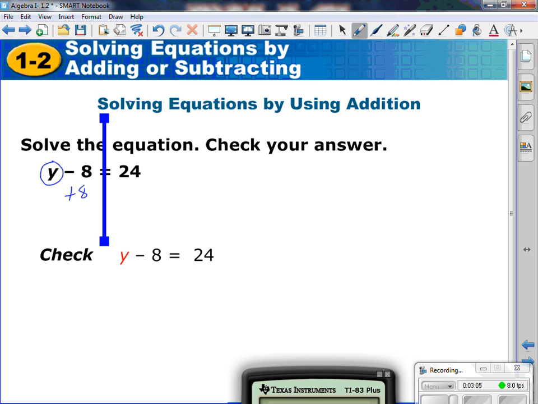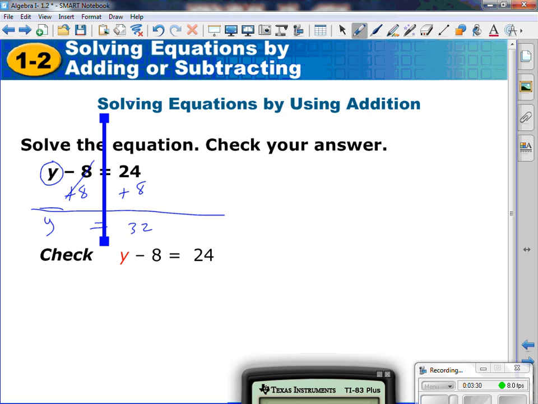Now, to keep my scale balanced, whatever I do on this side, I have to do on the other side. Nothing happens to the y. It comes straight down. Negative 8, positive 8, simplifies out. Equals. What's 24 plus 8? 32.